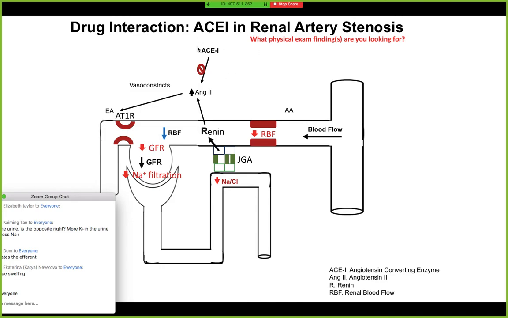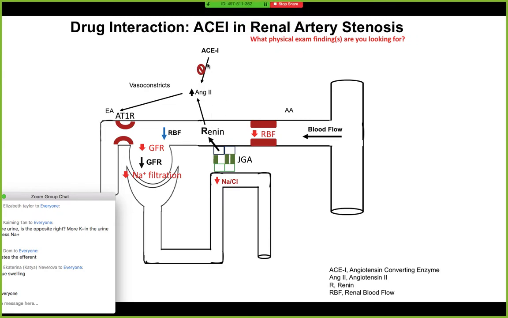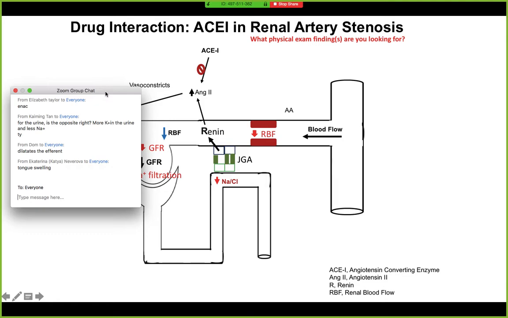So the reason that ACE inhibitors are a bad idea in a patient with a renal artery stenosis is because when you give an ACE inhibitor, you're preventing the conversion of angiotensin 1 to angiotensin 2. So if you have less angiotensin 2, this efferent arteriolar vasoconstriction is not going to happen, and you're not going to be able to maintain your GFR. So of course that's going to further harm the kidneys in somebody with renal artery stenosis.